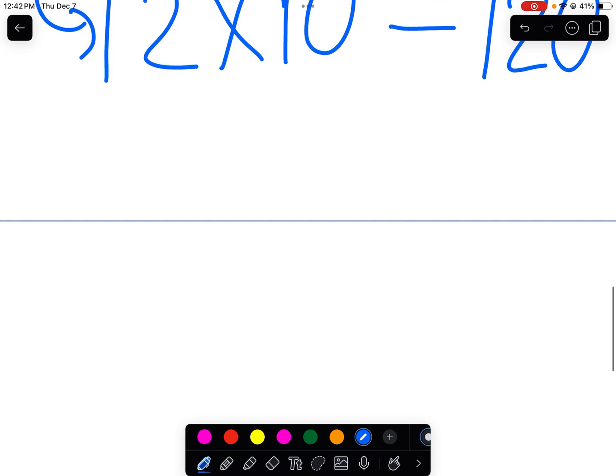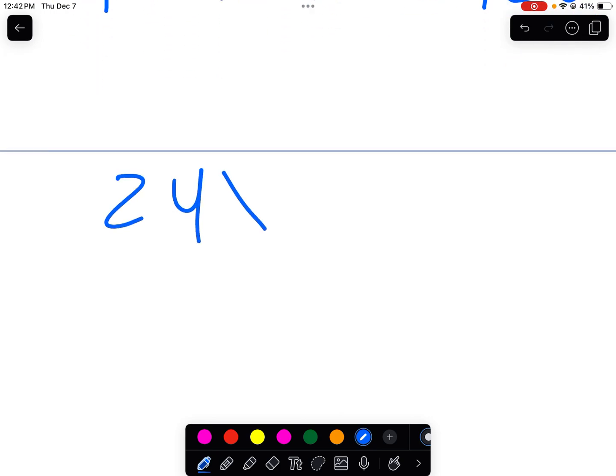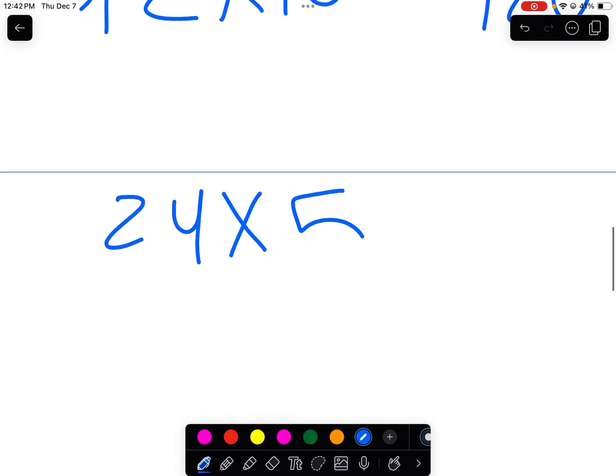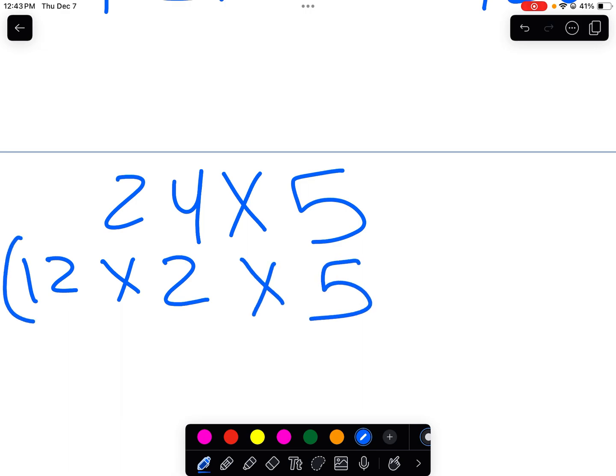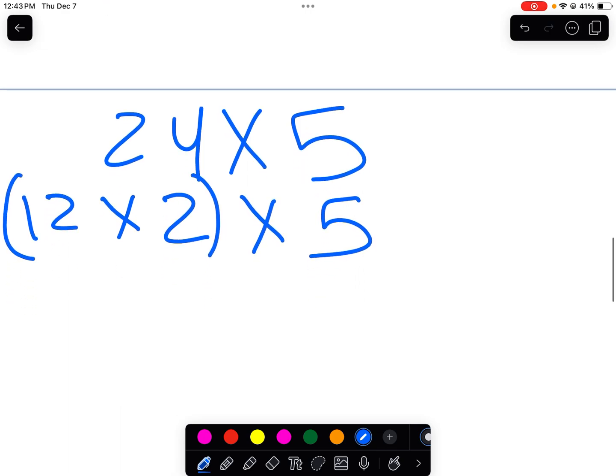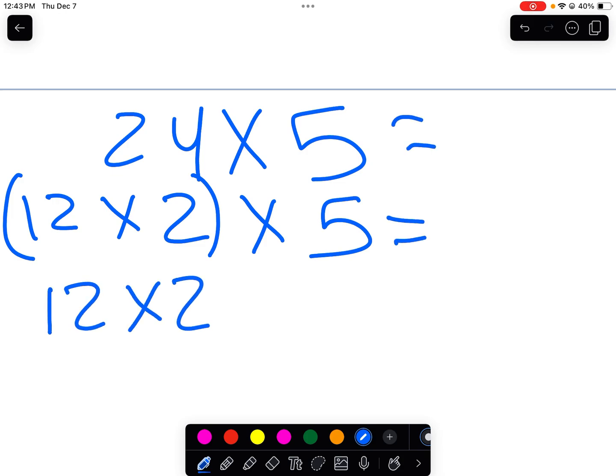So when I have 24 times 5, that is actually the same as 12 times 2 times 5. And because of the associative property of multiplication, which you may have heard about or learned about, we are able to take this equation and say 12 times 2 times 5, where the parentheses mean we would do this part first.